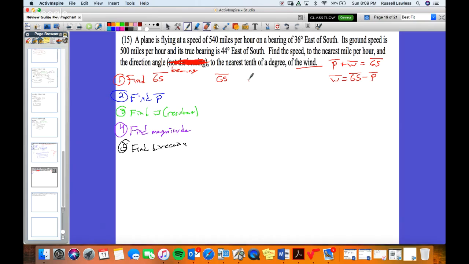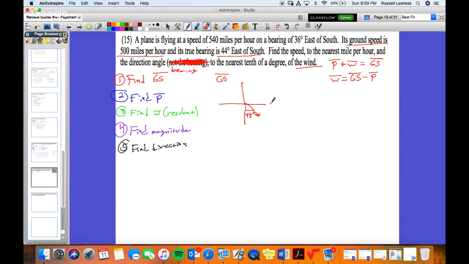For the ground speed, it is 500 miles an hour, 44 degrees east of south. So if I'm here and this is south, going east of that tells me this is 44 degrees east of south. If you find plane speed first, that's okay. The order doesn't matter.